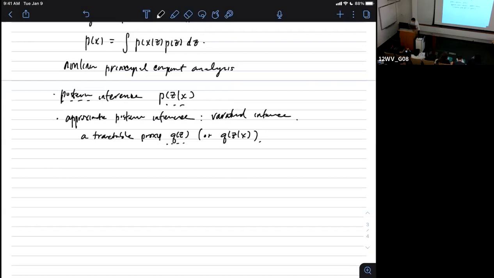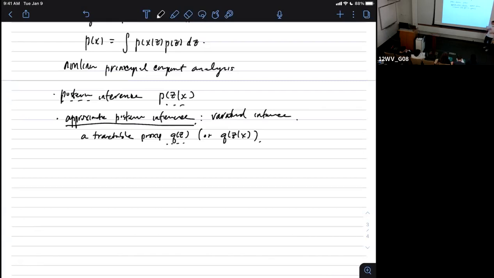And then the goal of this approximate posterior inference is to find this tractable proxy Q of C that's going to be really, really similar to P of C given X. When we think about the similarity between different distributions, it's actually not that easy to choose one particular way to define this difference. Do we want that difference to be symmetric?